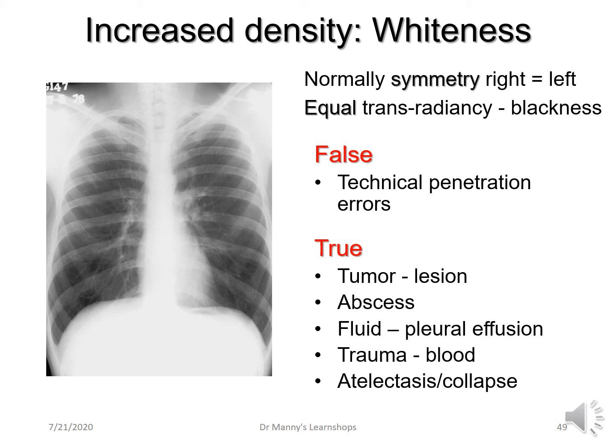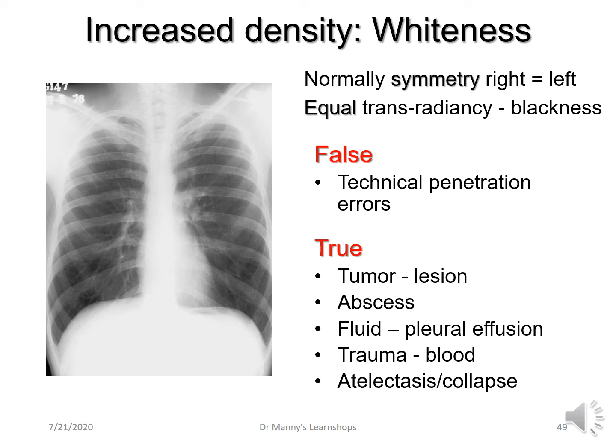Increased whiteness is under-penetration. This can now be true because there's a tumour or a lesion, increased tissue, an abscess, fluid such as pleural effusion, trauma, blood, hemothorax, atelectasis or collapse.